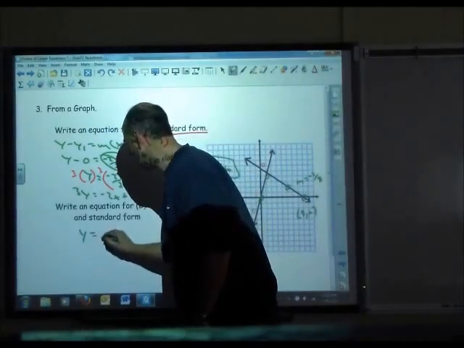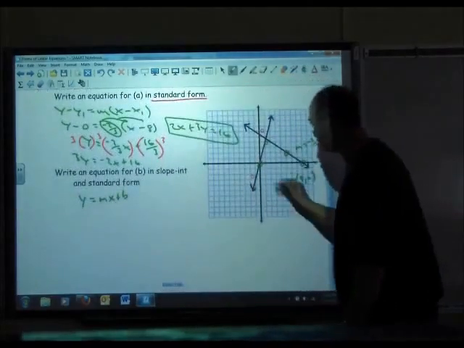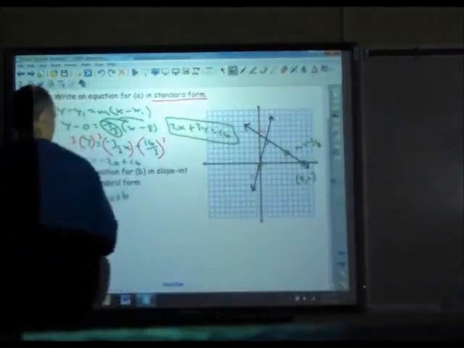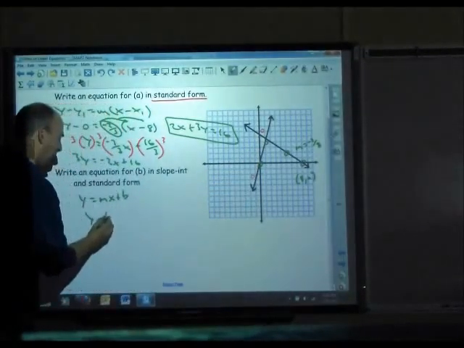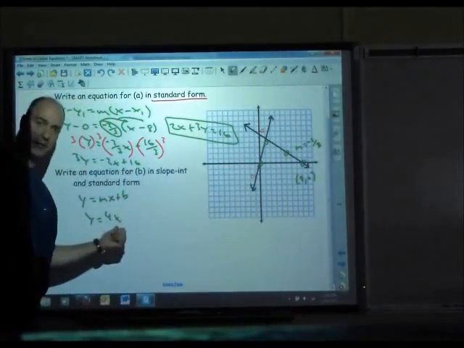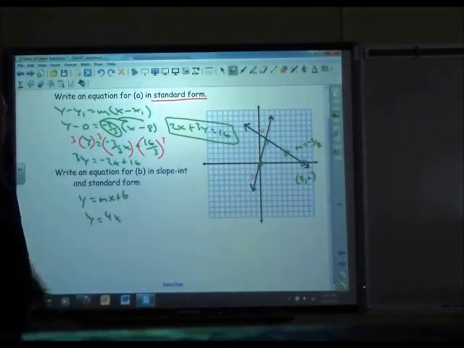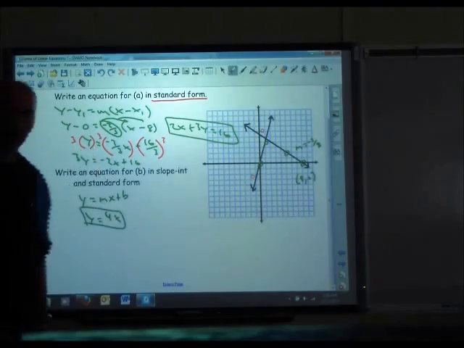So if I'm plugging into y equals mx plus b, because I've got the y-intercept, I'm going to see that y equals 4x. I'm not going to put plus 0 here. So there's my equation in slope-intercept form. So I got half that problem done just by looking at it with my eyeballs.